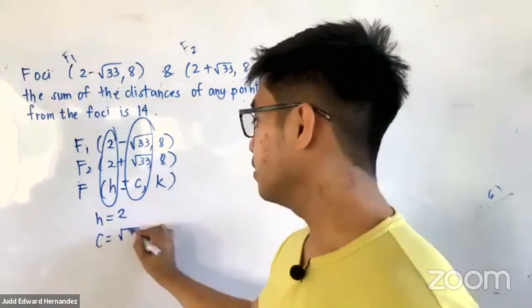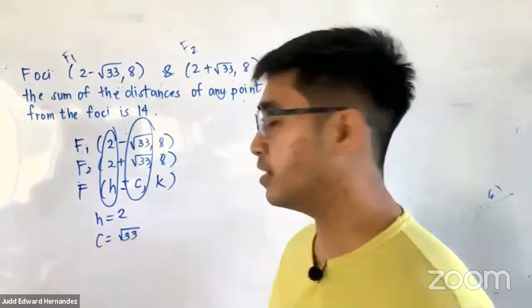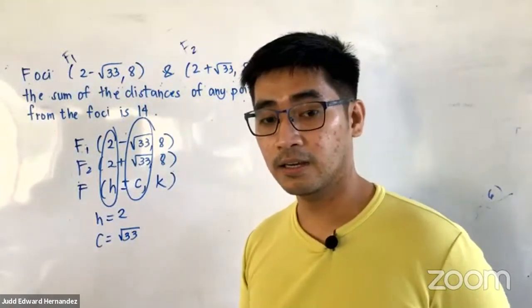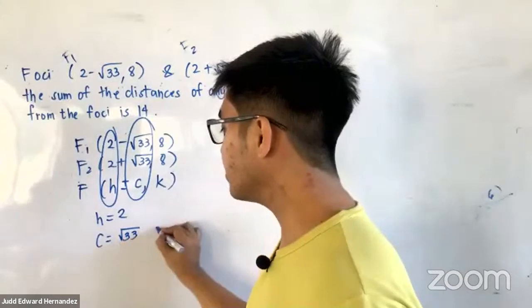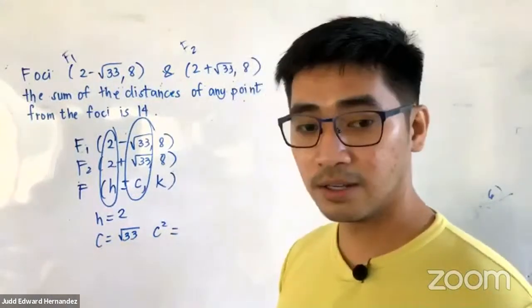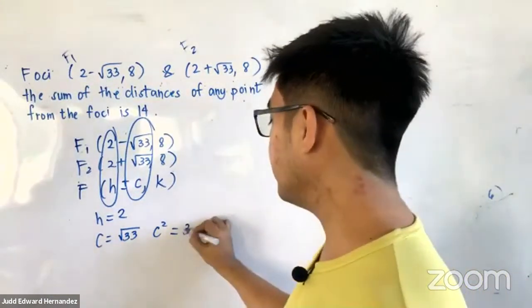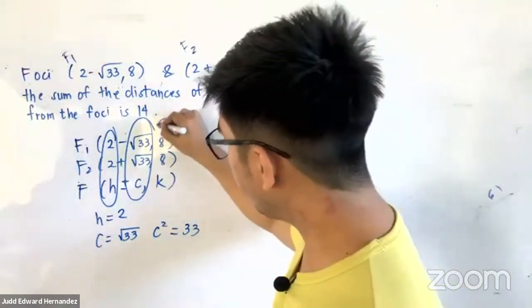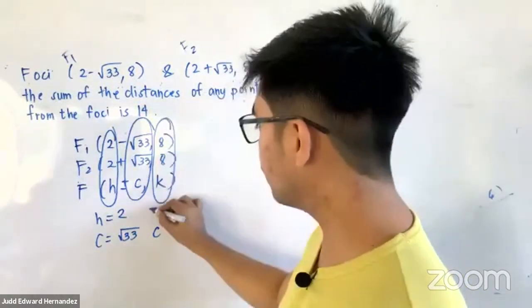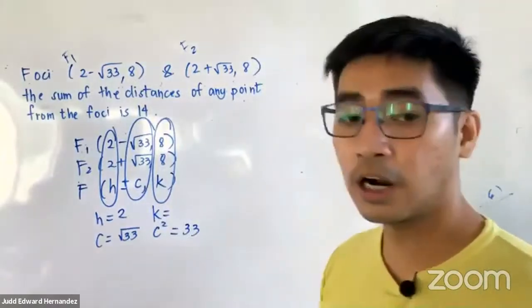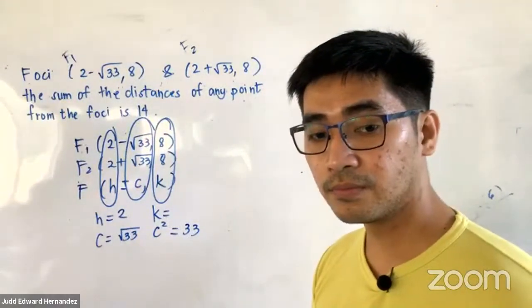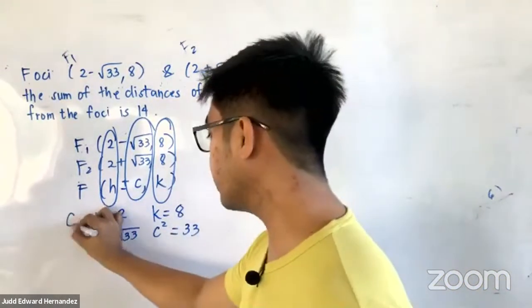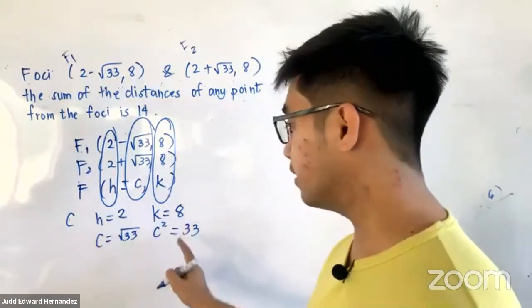Positive, negative, square root of 33. Therefore, what is C squared? 33. Yung huli na tinapat natin is this one. What is the value of K? 8. Meron na tayong center located at 2, 8.